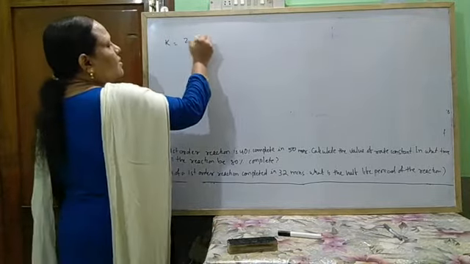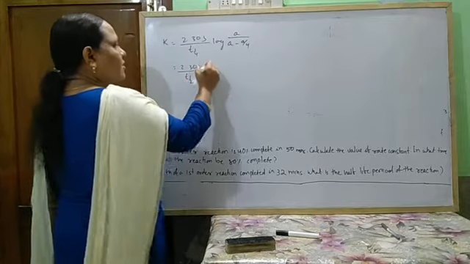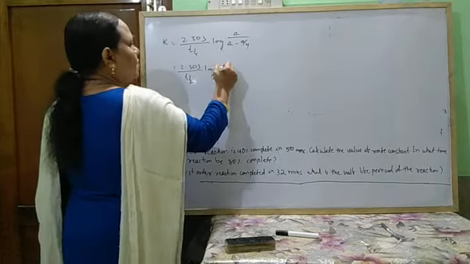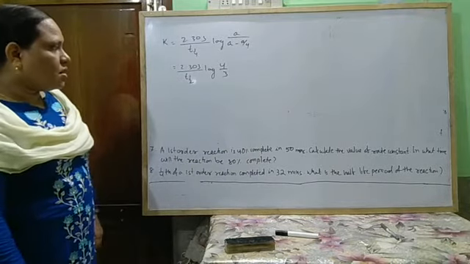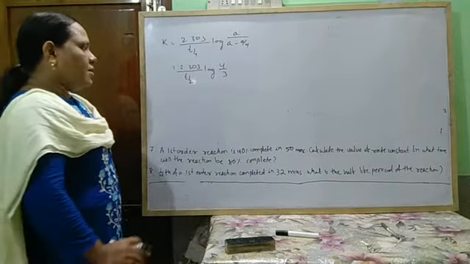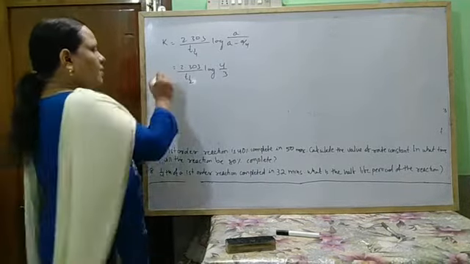So A minus A by 4 gives 1 by 1 minus 1/4, which equals 3/4. So K equals 2.303 by T 1/4 log 4 by 3. So this value is log 4 by 3, and this is equal to K.